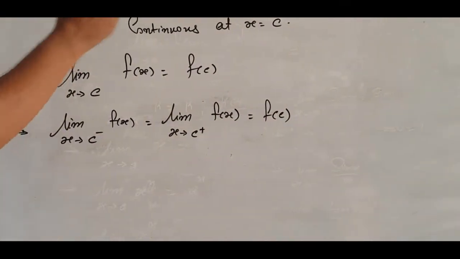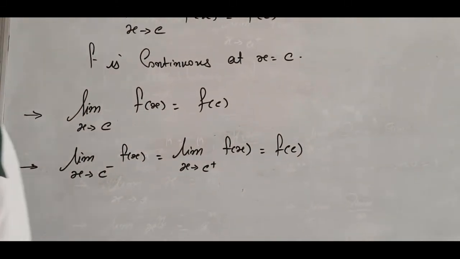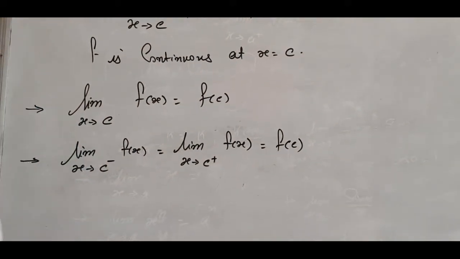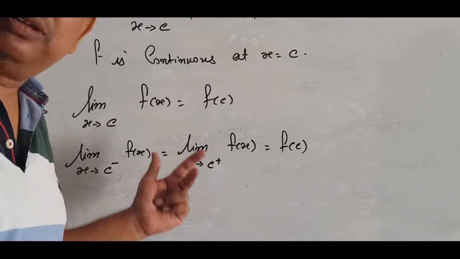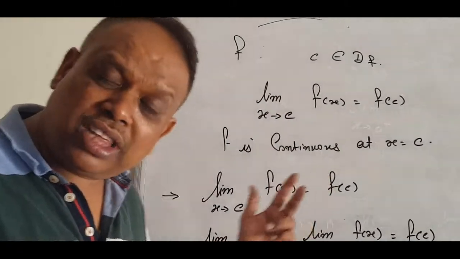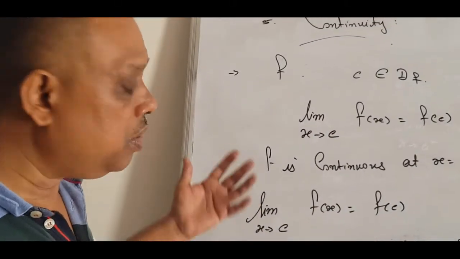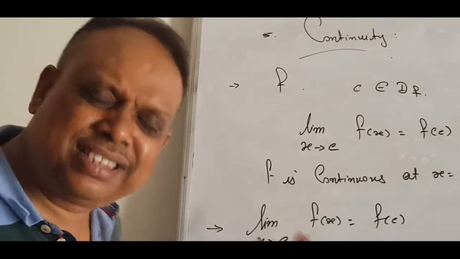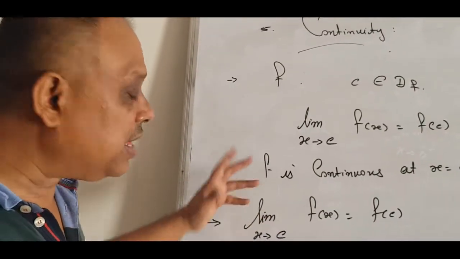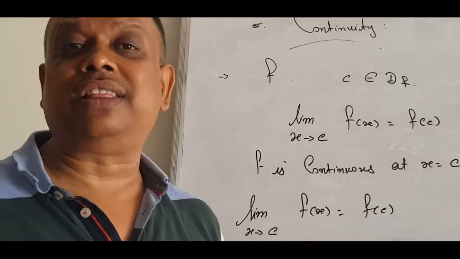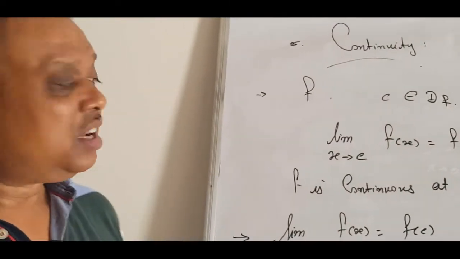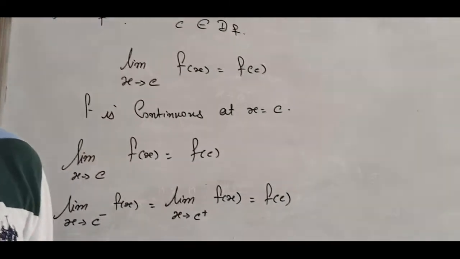Then we say that the function is continuous at x is equal to c. Means both the meanings are the same.